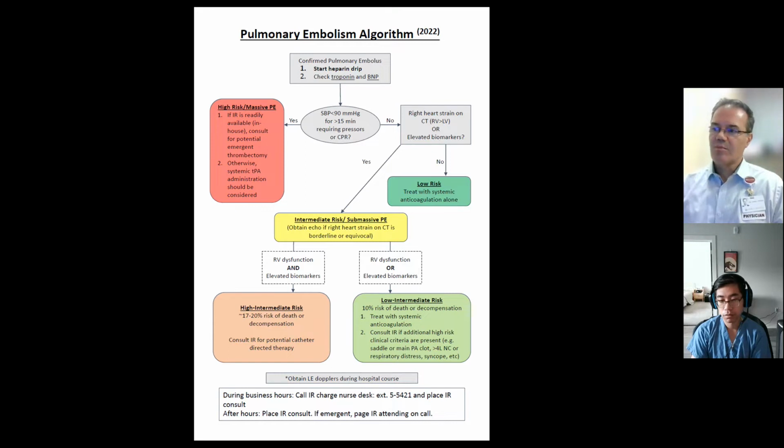But I think the take-home point is if you're in this category, then call IR, discuss the case, and discuss whether this is potentially a candidate for the Inari FlowTriever clot removal with interventional radiology. Yeah, that's right.